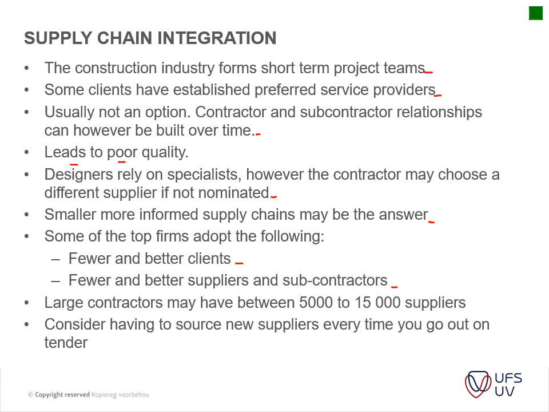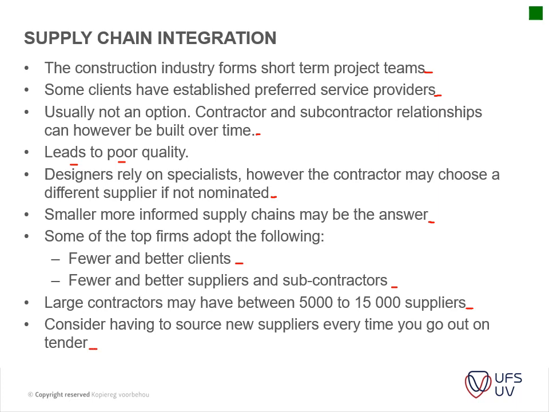Large contractors may have between 5,000 and 15,000 suppliers. So let that sink in a little. If you need to manage 15,000 different suppliers, keep track of them, how was their previous work, did they supply the material on time, how was the price, and so on, it can become quite difficult to keep track of. Another thing to remember is to consider having to source new supplies every time you go out on tender.